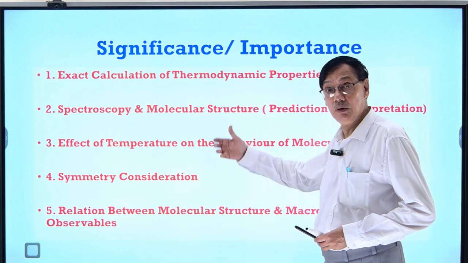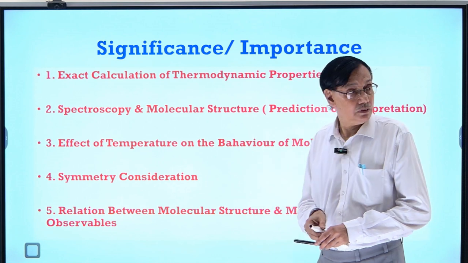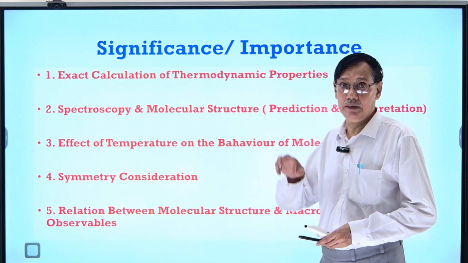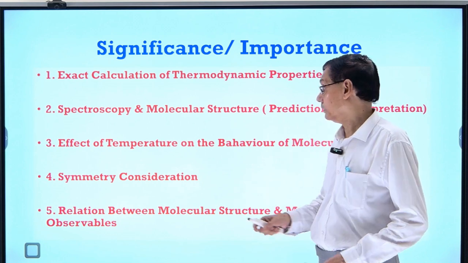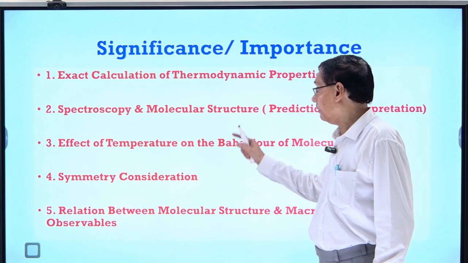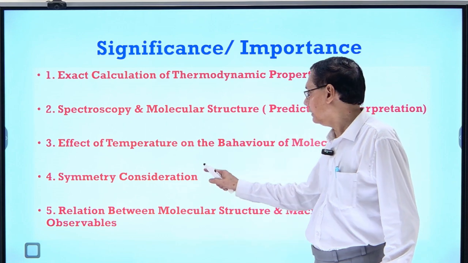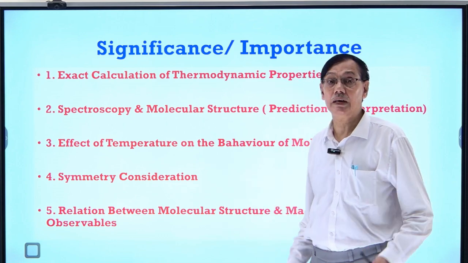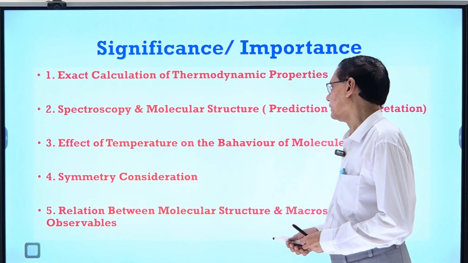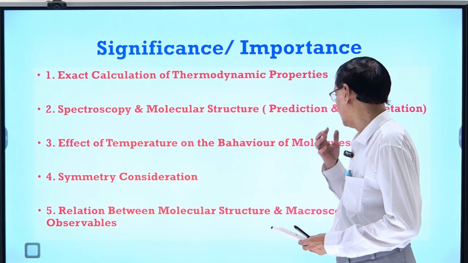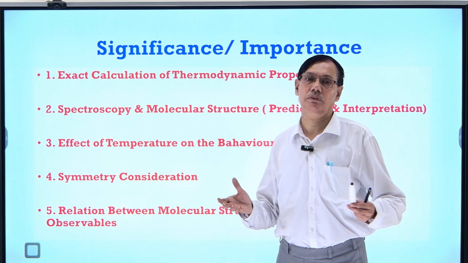And as we have seen in that figure, there is a question of symmetry number and moment of inertia. Therefore, with the help of the rotational partition function, the symmetry considerations can be understood very easily. And the last application is the relation between the molecular structure and the macroscopic observables.